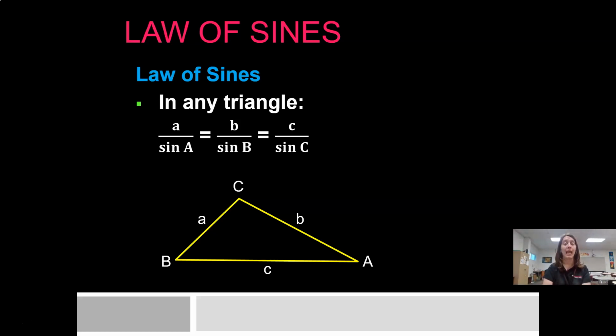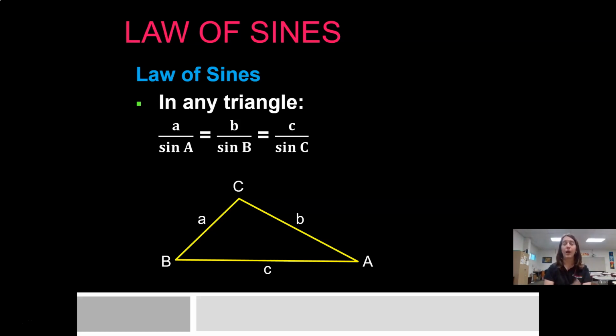Because we're talking about the angle, then you're going to have the sine in the problem. So each one of the ratios, each one of the fractions that we have in our question puts a side length over its matching angle, its opposite angle, and then in front of the angle, we're always going to put the sine because we're talking about the law of sines in our question.